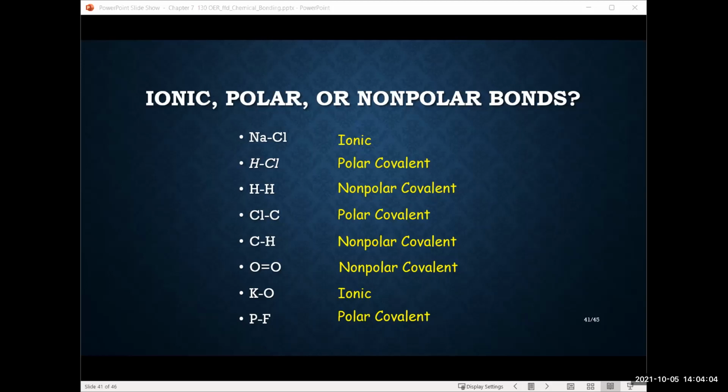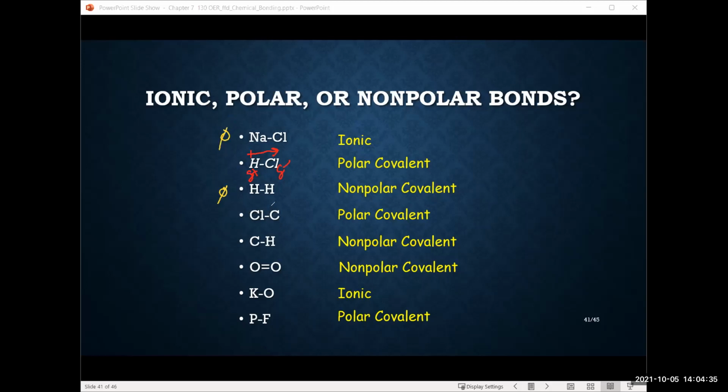Okay, now if we needed to draw the delta notation and the arrow, well, none for the first one. The arrow will go from hydrogen to chloride, and it would be a partial negative on the chloride and a partial positive on the hydrogen, okay? None for the hydrogen, okay? None for the ionic compounds, they don't have that.